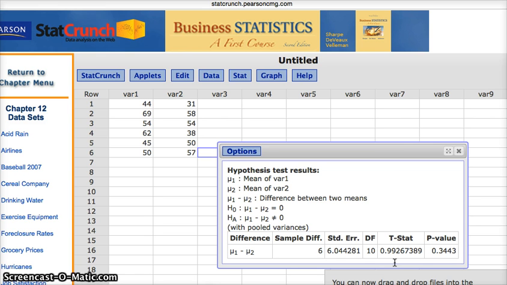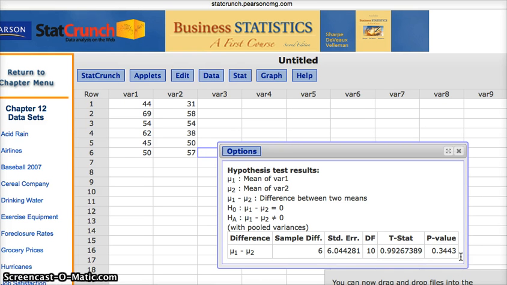Here we have everything that we need. The problem asks us about our t-stat, and there it is. We can round that to 0.993, and we can also look at our p-value of 0.3443. From this information, we can decide what to do.